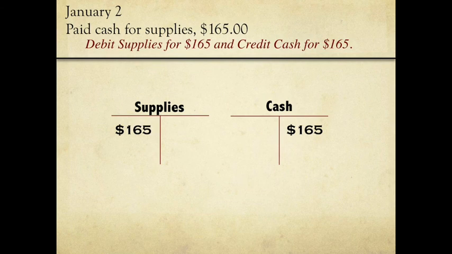If you take away everything else in your head, this is what your sheet will look like. We are going to debit supplies for 165, which means it's on the left side, and it's increasing our supplies, and we are crediting cash for 165, which means it's on the right side since it's a credit, and it's decreasing cash.